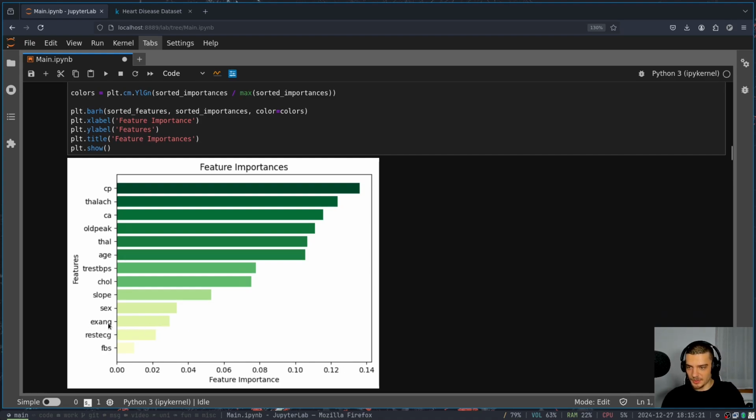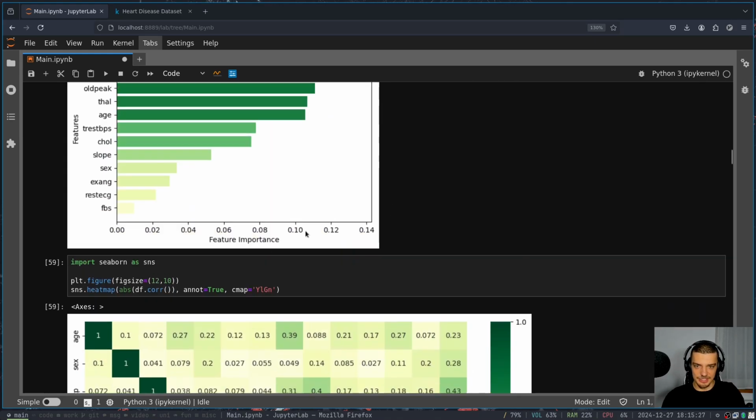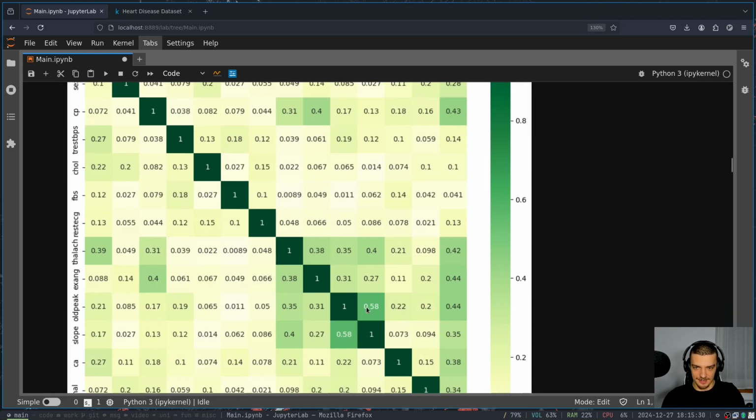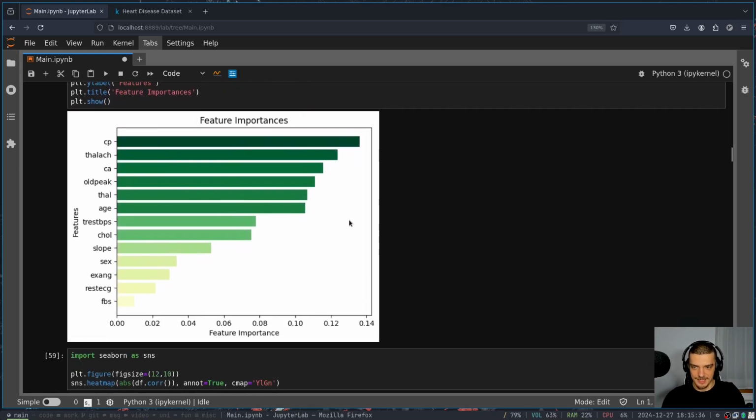So this doesn't seem to be important at all for the random forest classifier, but it has a very strong correlation. So you can see that this is not always necessarily equal. A strong correlation doesn't mean that it's necessarily important for the decision making when it comes to classifying whether someone has a heart disease or not.